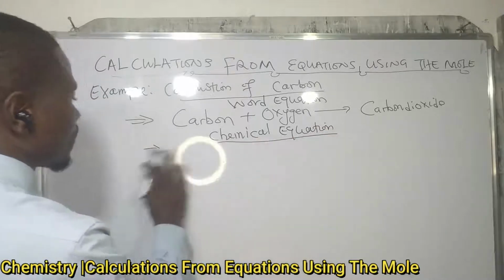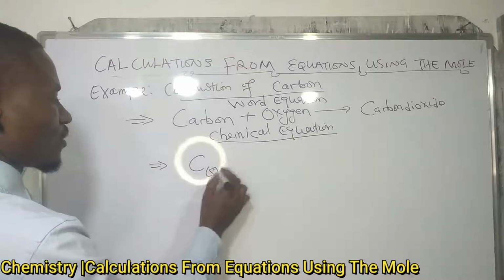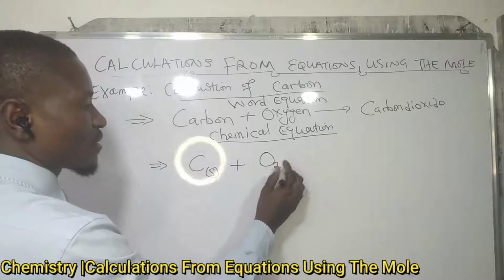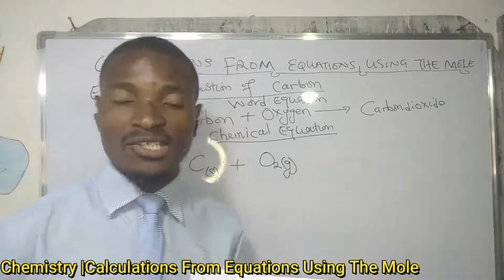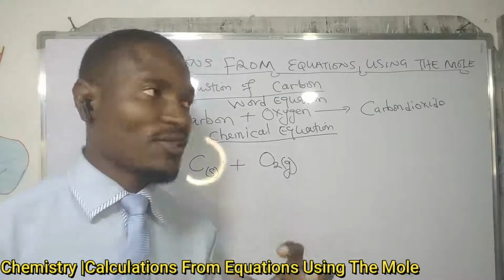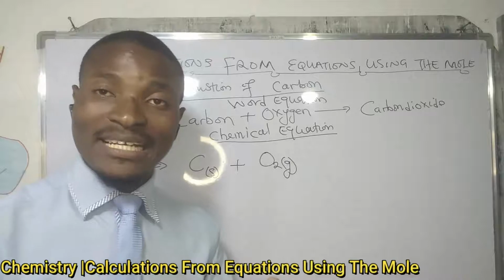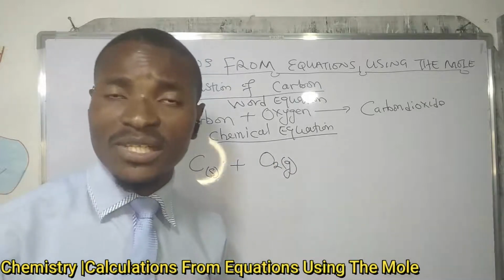Then we can also have the chemical equation. We have carbon, which is solid, plus oxygen, which is a gas. Whenever you are writing a chemical equation, always make sure you include the state symbol of the element or substance.